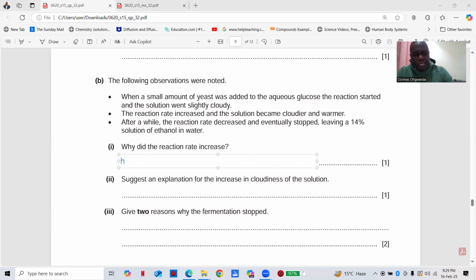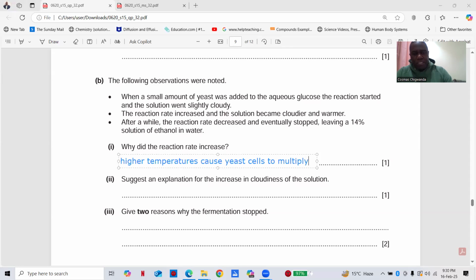So here I can say higher temperatures cause yeast cells to multiply, okay?